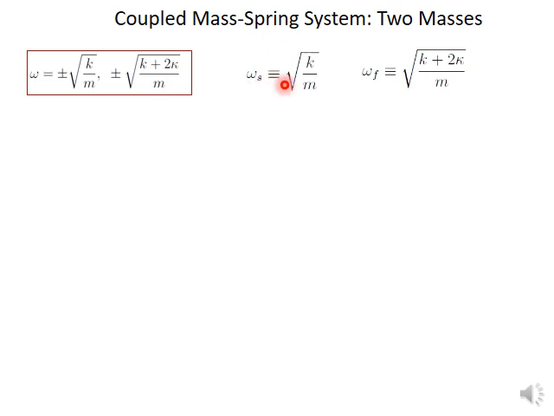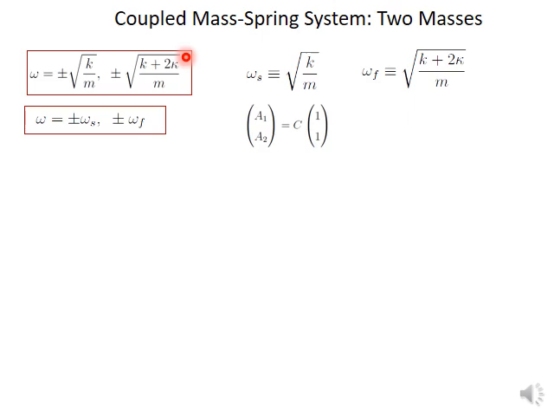Omega s represents the slow frequency given by root k by m, and omega f represents a fast frequency equal to root k plus 2 kappa by m, because simply it is a larger frequency in magnitude compared to this one. So we have four values of omega, mathematically speaking: plus minus omega slow and plus minus omega fast.